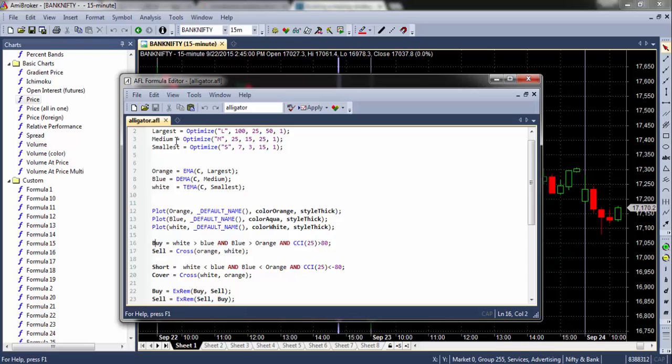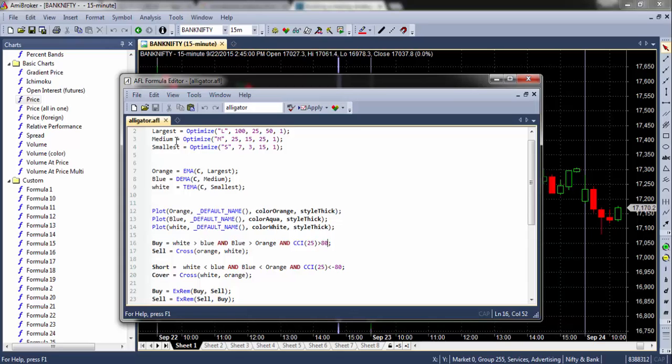Now, buy happens when the white, which is the smallest period and the fastest moving average, is greater than blue, and in turn, blue is greater than the slowest and the longest period average, which is orange, and finally, the commodity channel index of 25 period is greater than 80.